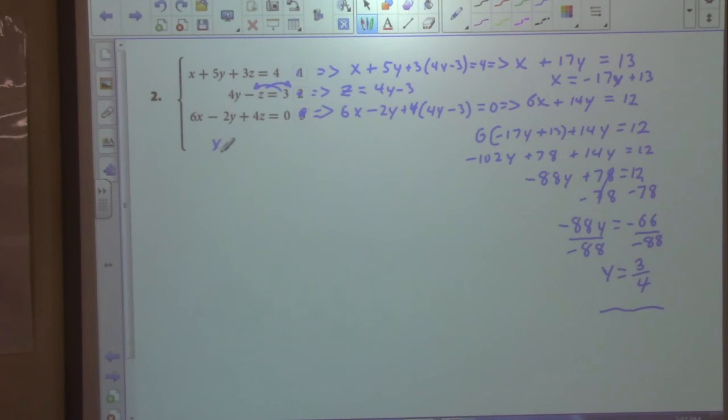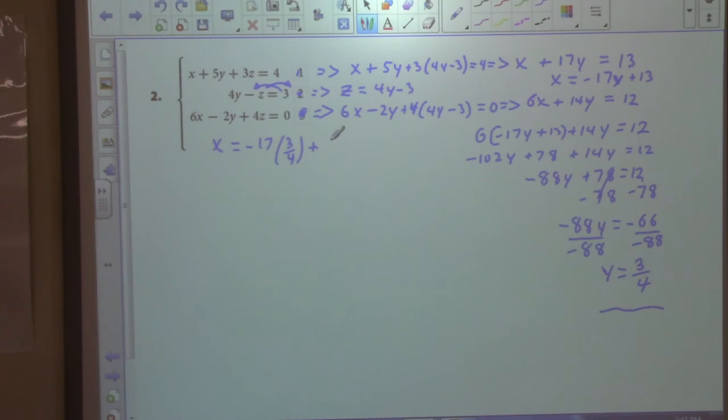So we have x equals negative 17 times 3/4, and then plus 13. How many fourths do we have in 13? 13 times 4 is 52. All right, thank you.